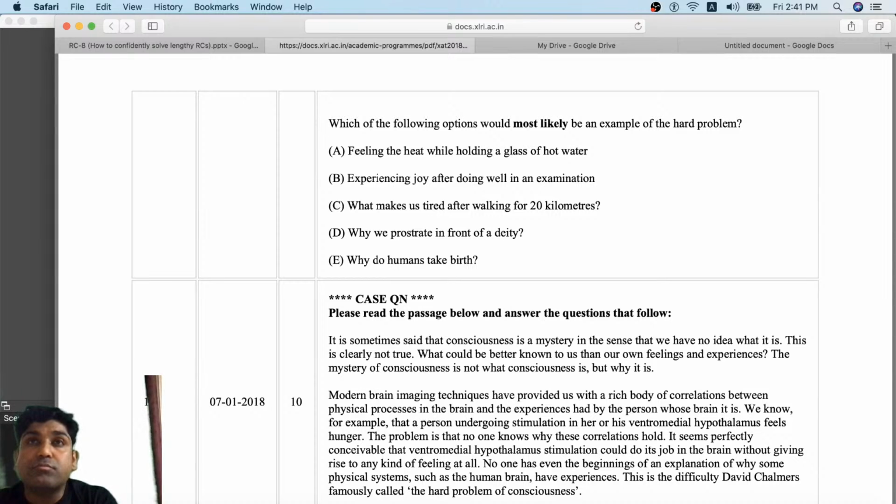We are still at the physical level of the problem. We haven't really understood the problem from a consciousness standpoint, from a sensory standpoint. So I think E is the right answer.